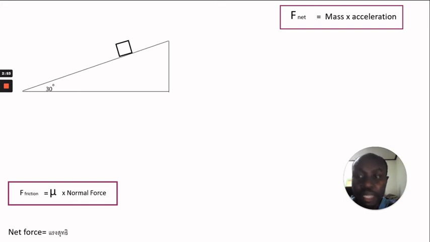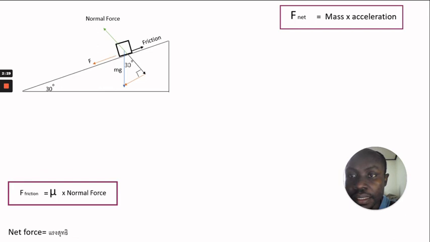We're going to start by drawing all the forces on the object. We have the weight mg going down, we have the normal force, we have the force which is helping the block or the object to move down, and we have friction going in the opposite direction. We can complete our triangle.